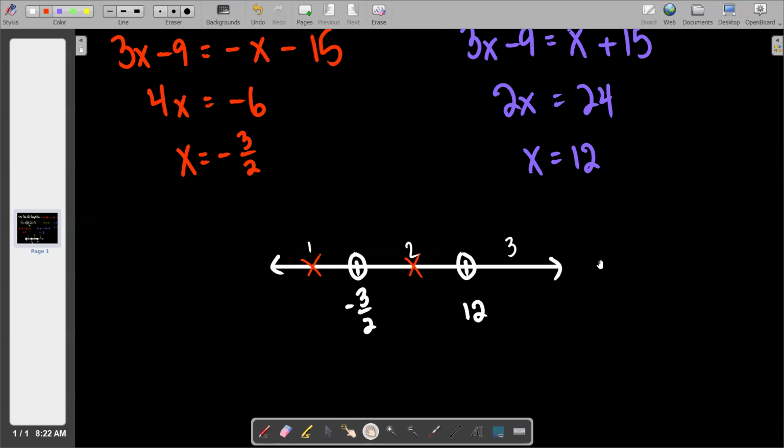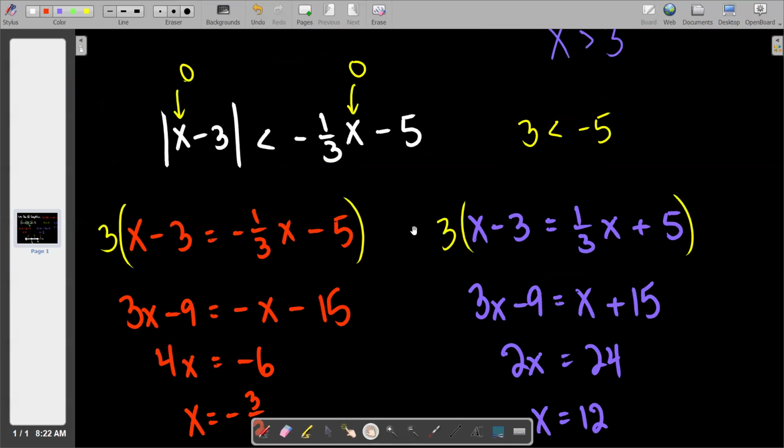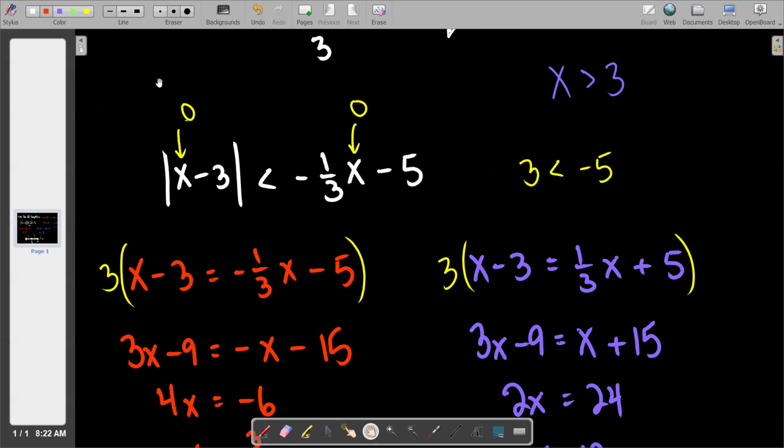What's a good choice for region 3? 15 is fine. It's a nice multiple of 3. I appreciate that. So we're going to pick 15. And then inside the absolute value, what is 15 minus 3? Absolute value of 12 is 12.